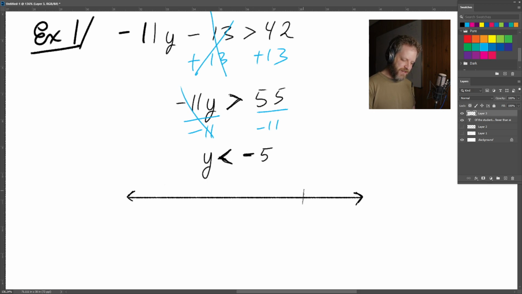There you go. So we're going to put our 0 on here. We're going to count by fives. Label negative 5. We're going to have a filled in or an open circle. Open circle. Which direction are we going to shade?